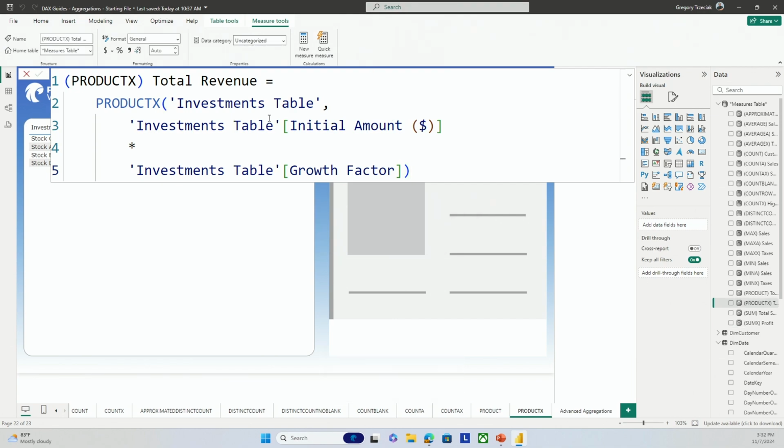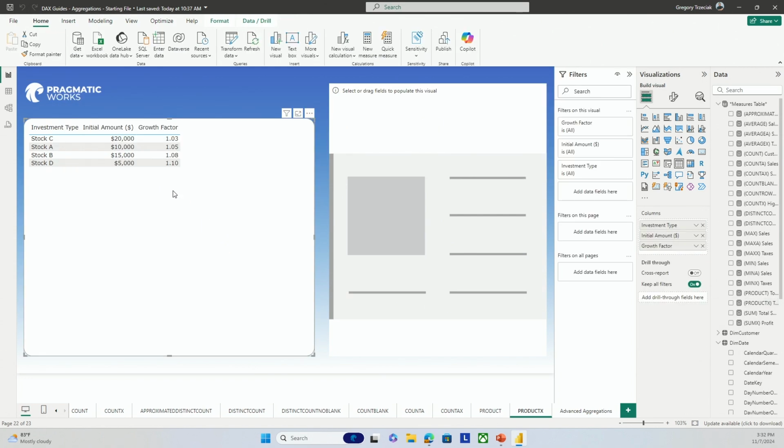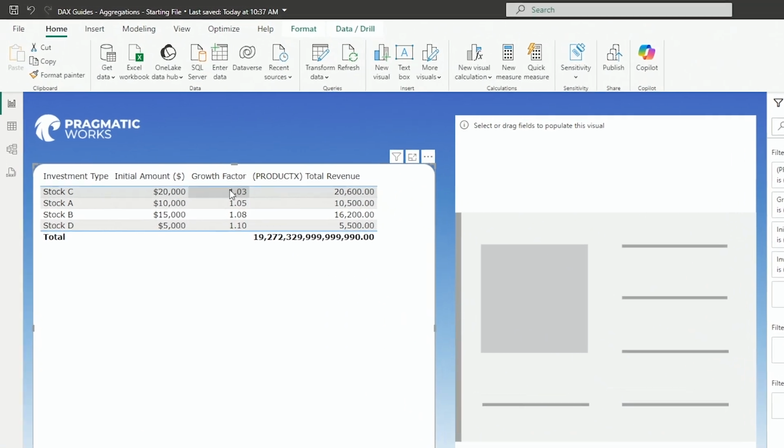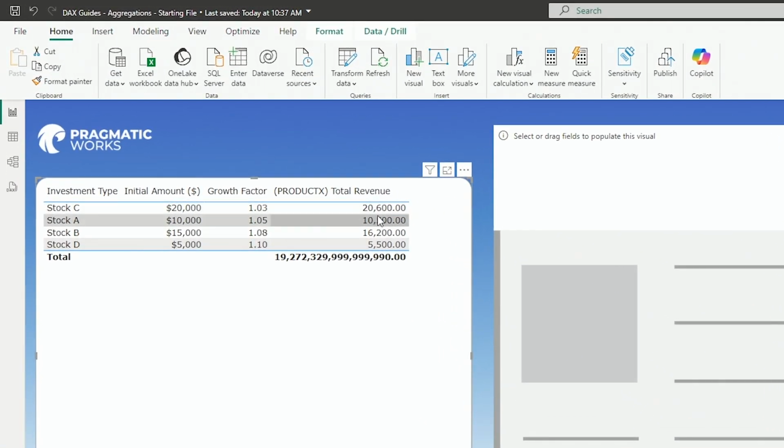So each level, I'm multiplying the amount by the growth factor. I'm taking 20,000 times 1.03, 10 times 1.05, and so on. So if I bring product X in here, I can see what that number would be. I'm multiplying them each time, something I could do just generally.